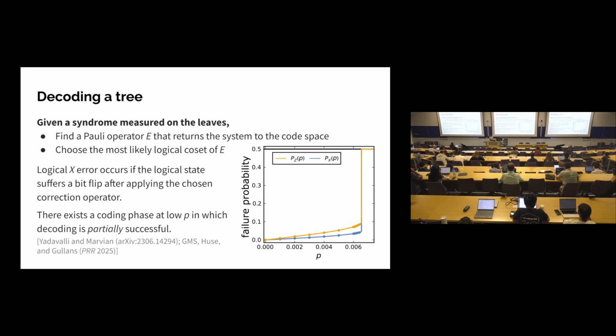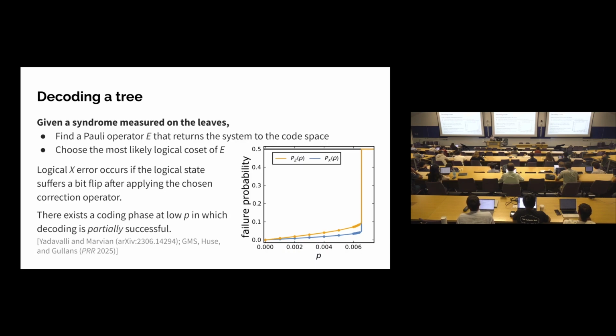In this single tree scenario, where we only measure the syndrome on the leaves, we found that there is a so-called coding phase at low error rate, such that below some noise threshold you can partially succeed in your decoding, meaning you converge towards a failure probability which is less than 1/2, say, for the probability of getting an X error, like I've shown in this figure here.